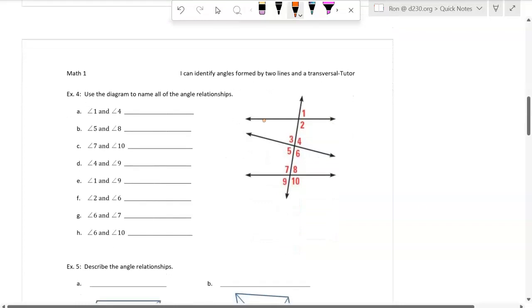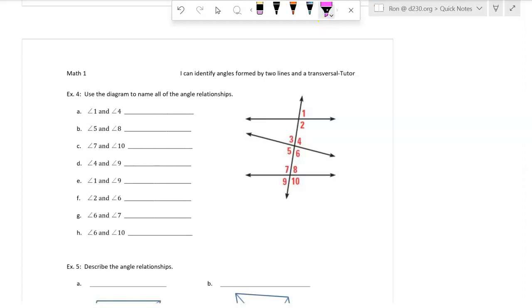So the next one, use the diagram to name all of the angle relationships. If I identify the transversal right away, that's this line here. We have different angle relationships going on here. So if I look at 1 and 4, if I take 1 and I take 4 and I ignore everything else, these are on the same side.